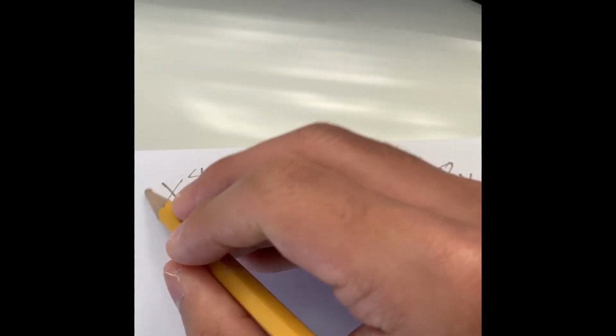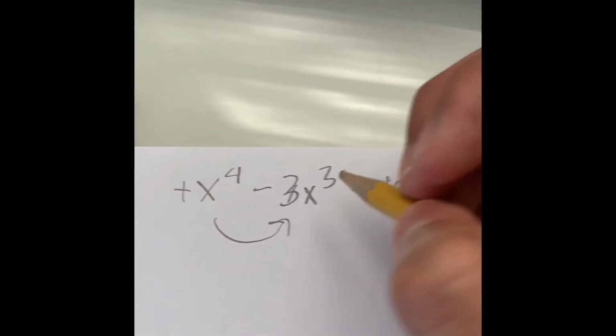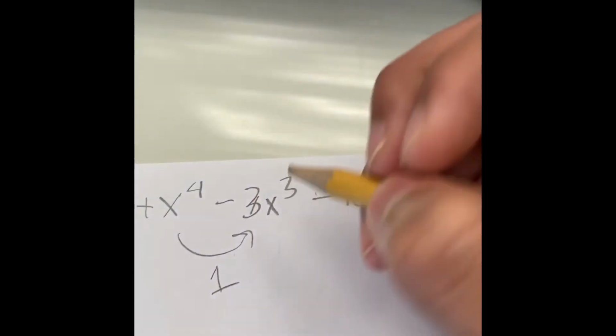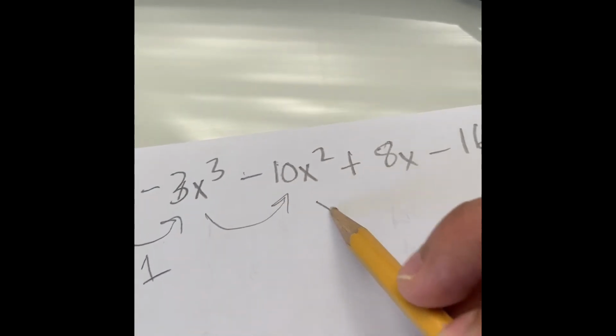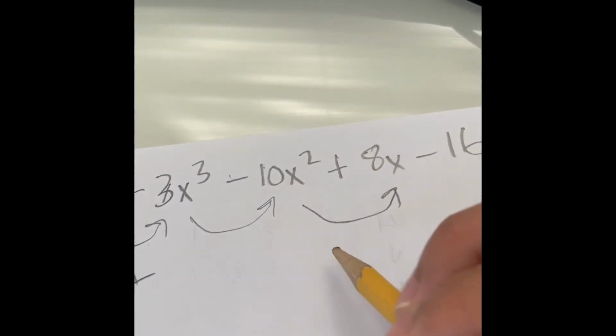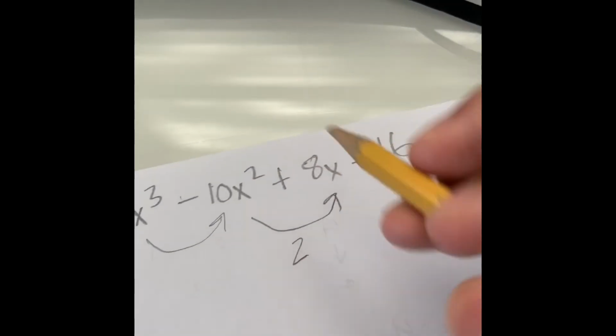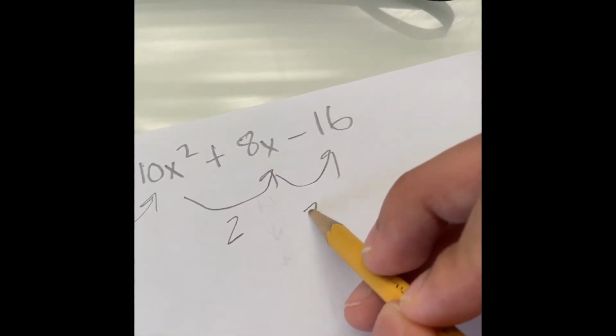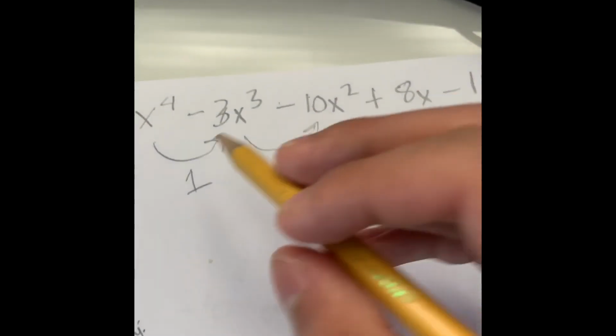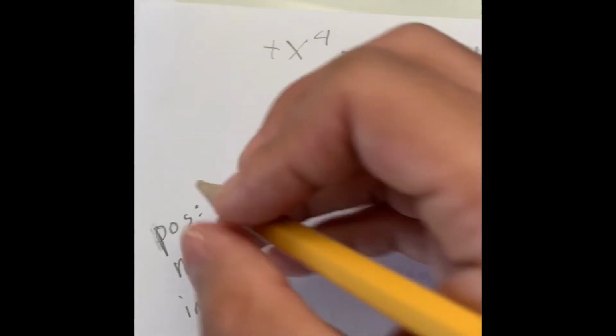So here's a change. It's basically a positive to negative, that's a change. Negative to negative, no change. However, negative to positive, that's a change. And then here, positive to negative, that's another change. So we got 3 changes, so that means there's 3 positives.